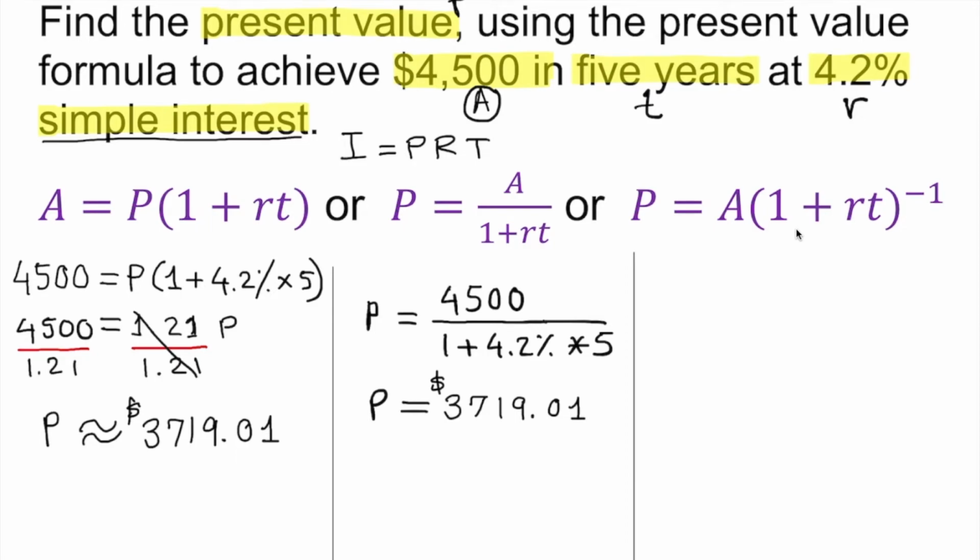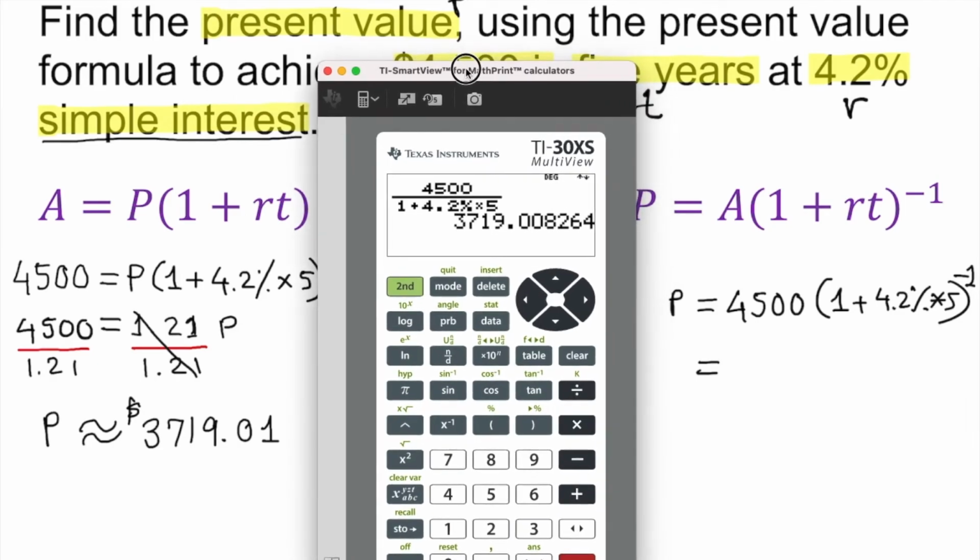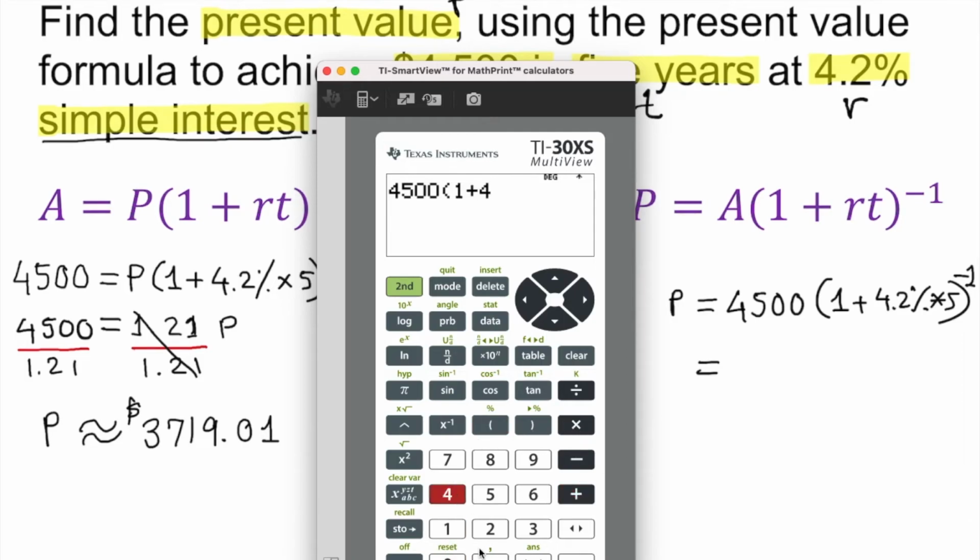Now the next one looks a little different, but it is still the same thing, and we can do it the same way. P is equal to A, 4,500, times 1 plus R, which is 4.2%, times 5, to the power negative 1. We can type it into the calculator too. 4,500 times open parentheses 1 plus 4.2% times 5, close parentheses.